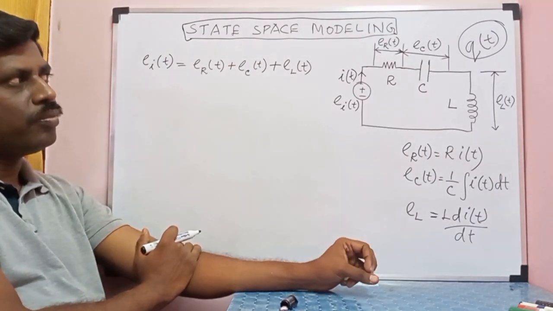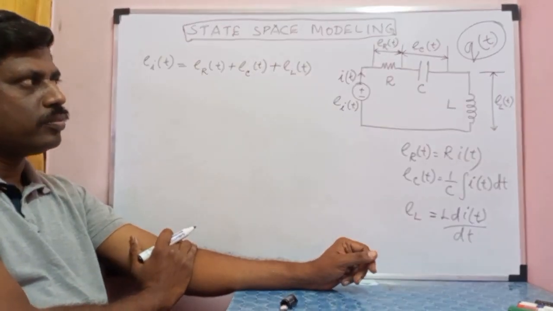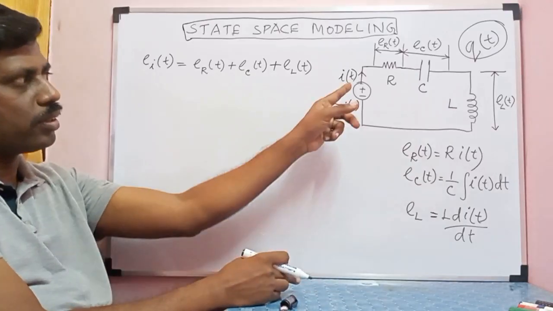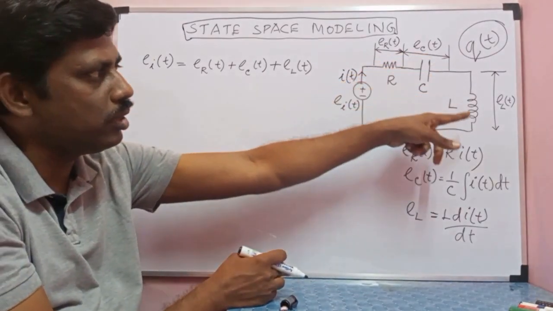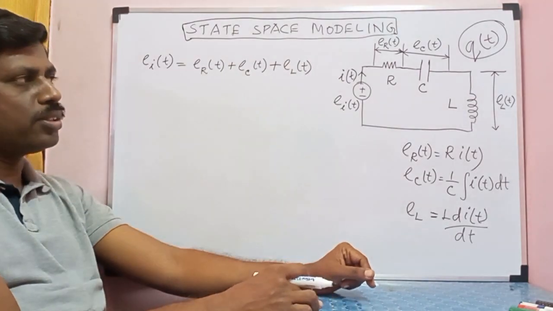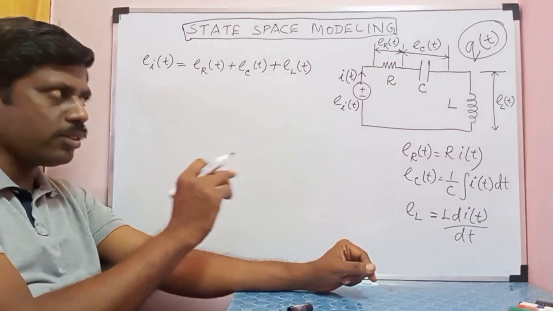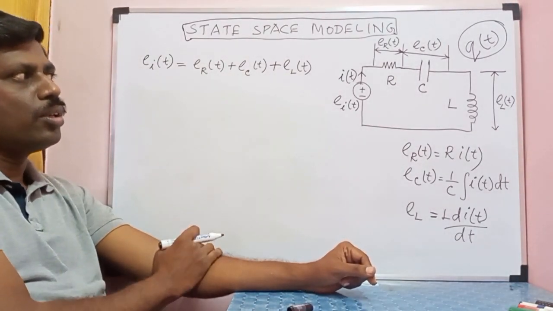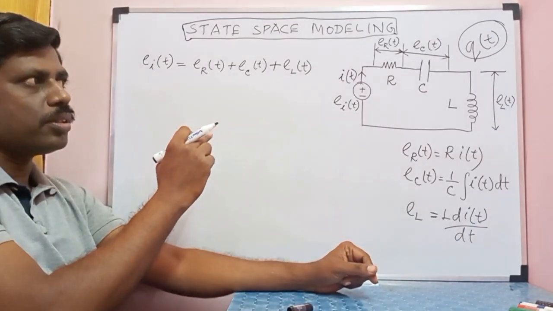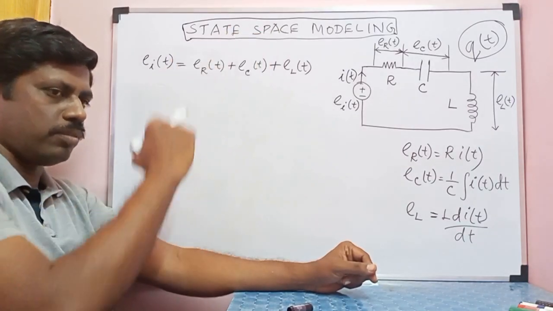We'll see what state variables I can choose. I got 5 variables: I of t, ER of t, EC of t, EL of t, and Q of t. The first question to be answered is about the number of state variables. To answer this, you should understand why the variables don't change instantaneously but take some time to vary.